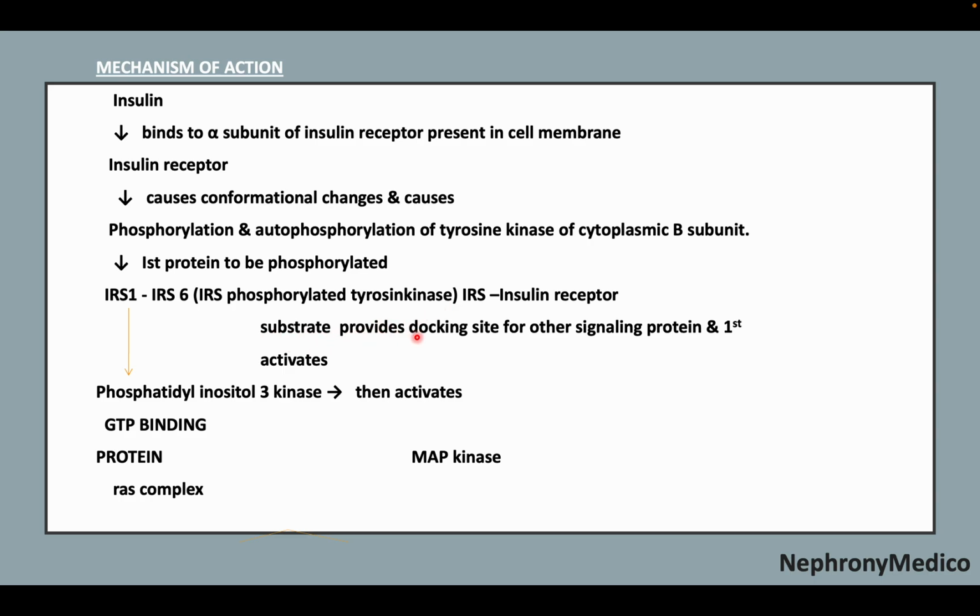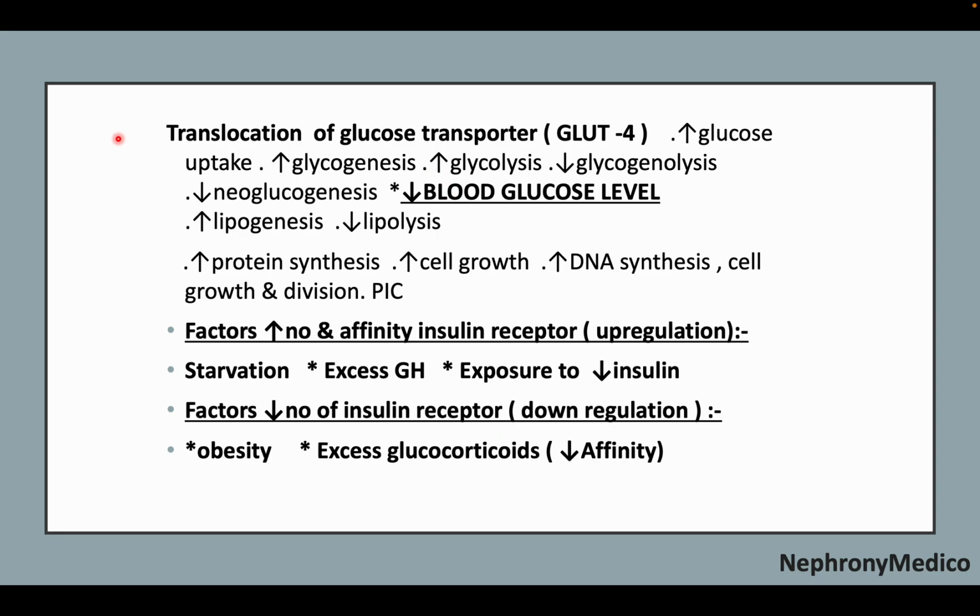These provide docking sites for other signaling proteins, and first activate phosphatidylinositol 3 kinase and then activate GTP binding, leading to the RAS protein complex and MAP kinase. The translocation of the glucose transporter causes an increase in glucose uptake, increased glycogenesis, increased glycolysis, reduced glycogenolysis, reduced gluconeogenesis, so reduced blood glucose level, increased lipogenesis, reduced lipolysis, increased protein synthesis, increased cell growth, and others.